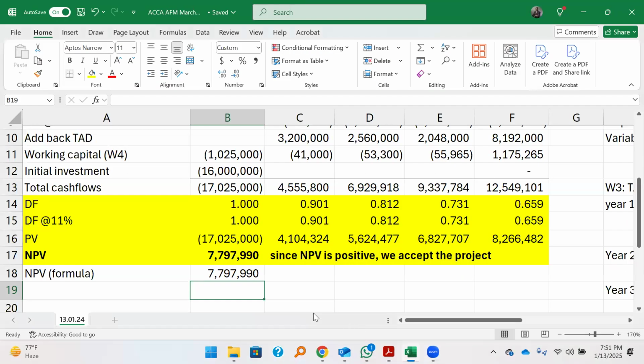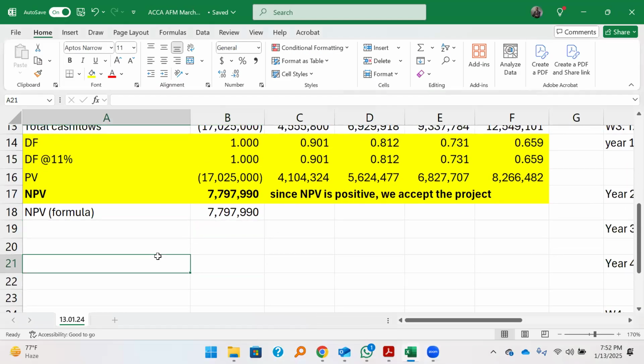Now, one of the challenges with payback period, and this is sort of a discussion from what we are going to discuss in the second part of this question, is that one of the methods we can use for identifying acceptability of projects is called payback period. But the payback period just looks at how long it takes for you to recover your initial investment.